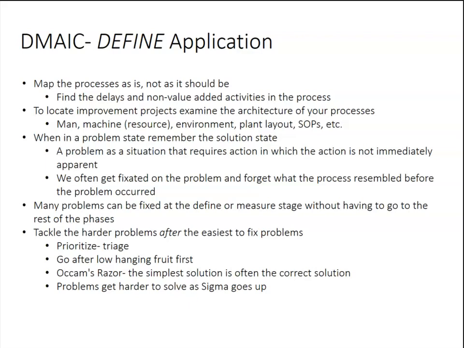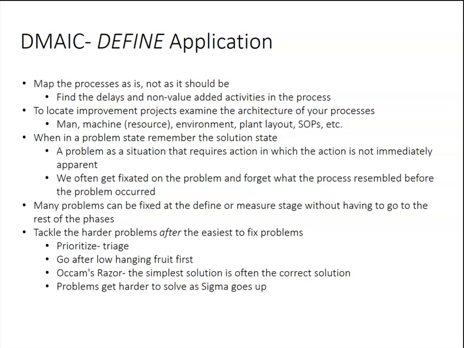There is Occam's razor, which I don't know if you've heard before, but it's great for going into creative engineering. The simplest solution is often the correct solution. So as problem solvers, we always have to keep Occam's razor in mind. What do they look at first when someone gets killed or murdered?